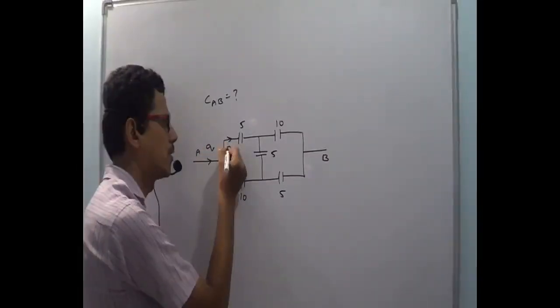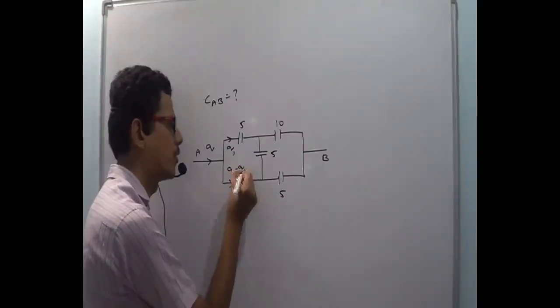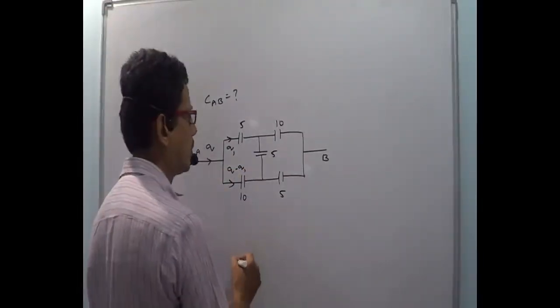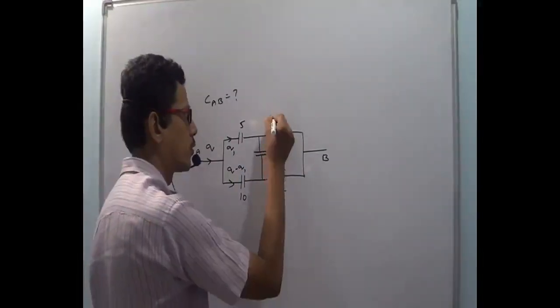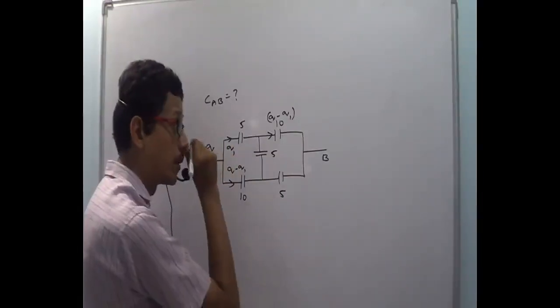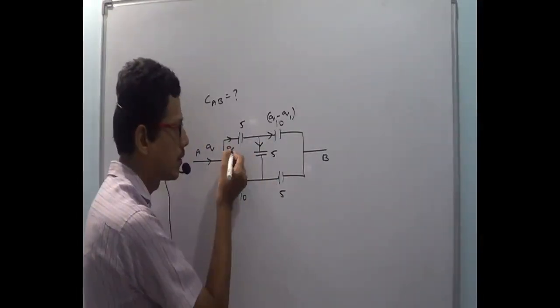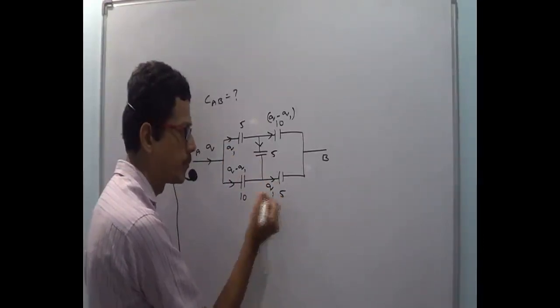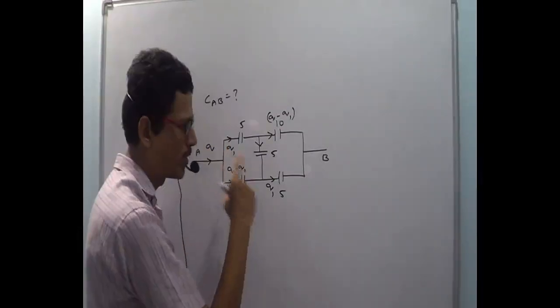Q is the charge here and this is Q1. What is this charge? Q minus Q1. Because of symmetry, the charge here and here is the same. Here the charge is Q minus Q1, same charge, and here Q1 and here also Q1, because here it is 5 microfarads, here also 5 microfarads, by symmetry.